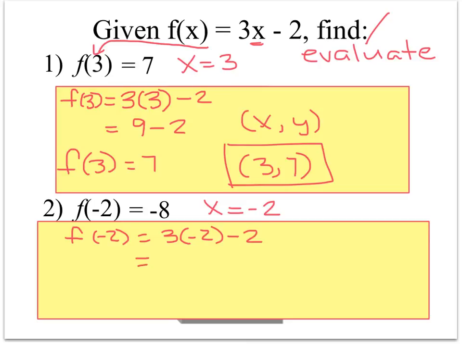If you continue working this out, 3 times negative 2 will give you negative 6 minus 2. So now we know that f of negative 2 is equal to negative 8. That means that when x is equal to negative 2, your y coordinate would be equal to negative 8.